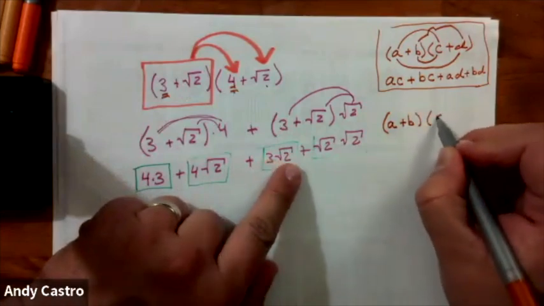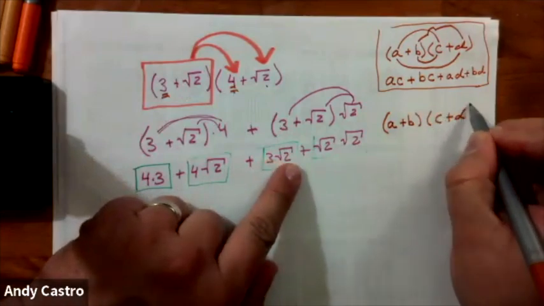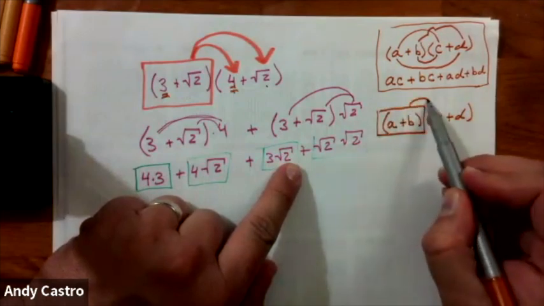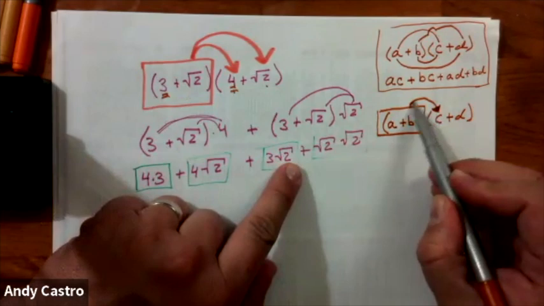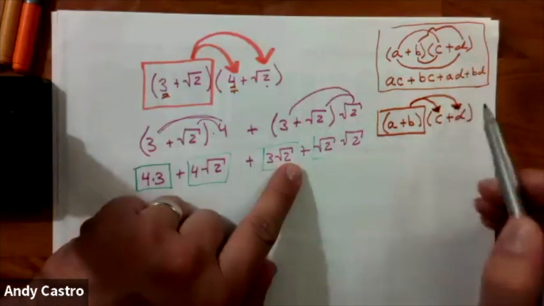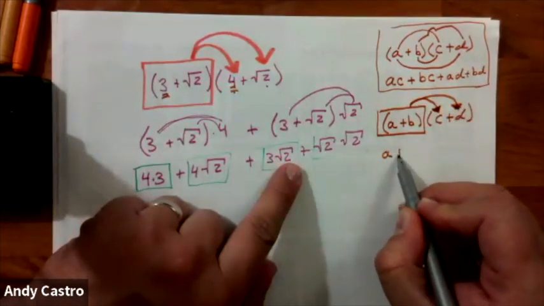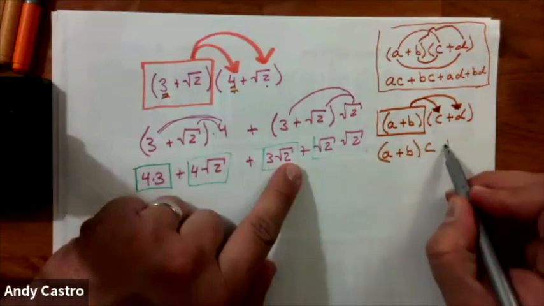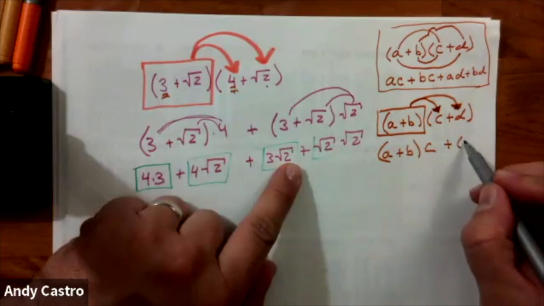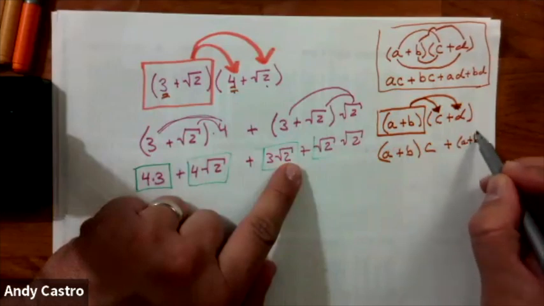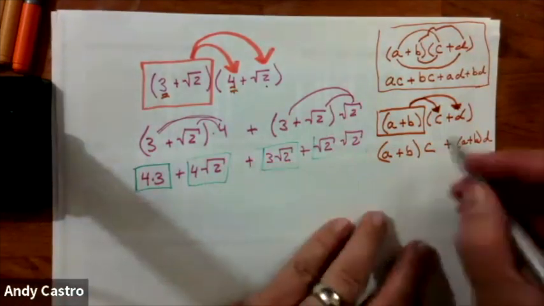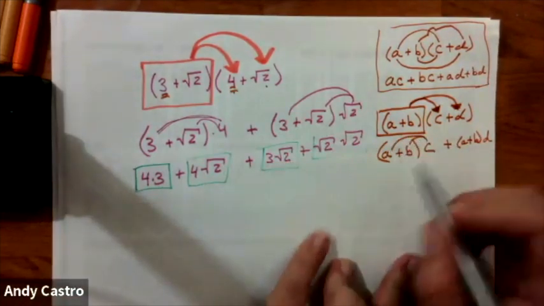Okay, so let me show you that again, more generic. So we're going to take this and we're going to distribute it through. Okay, so we have A plus B multiplied by C plus A plus B multiplied by D. Then we're going to distribute the C in.